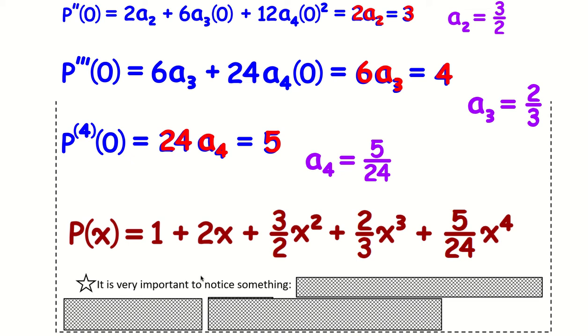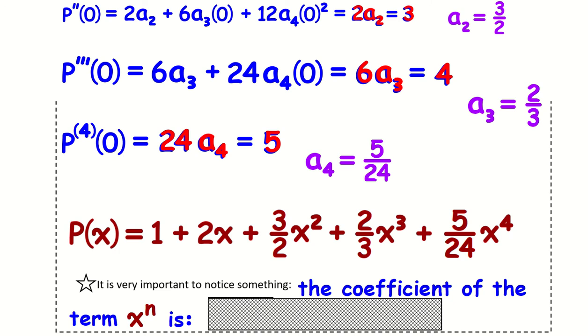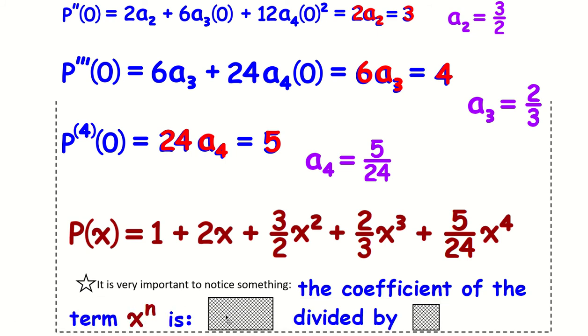It's very important to notice something, okay? If you want to take your chances and pause the video and think about what that could be, feel free. But here's what it's very important to notice. The coefficient of the term x to the n, so x to the first, x to the second, x to the third, x to the fourth, and this is technically x to the 0, okay? Each coefficient is something divided by something.